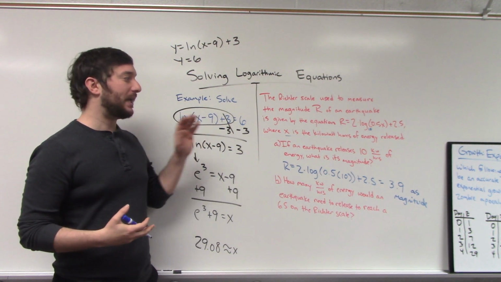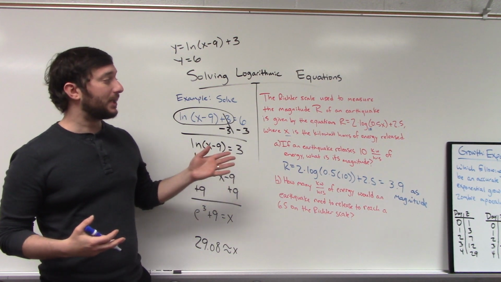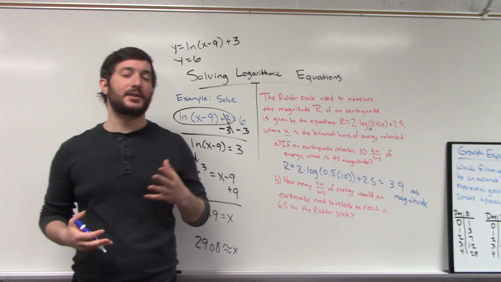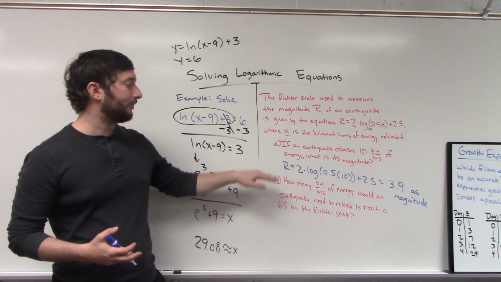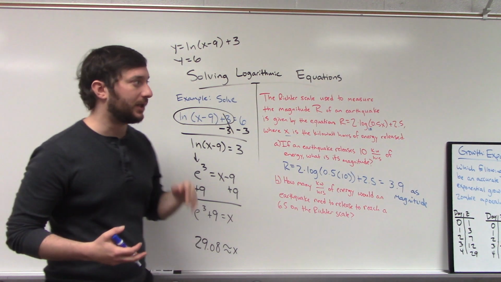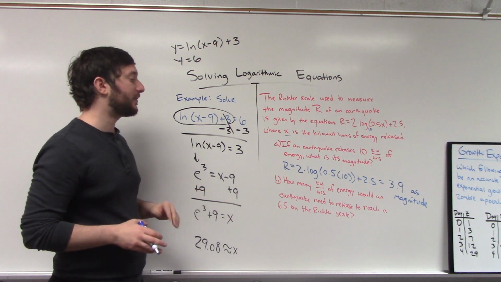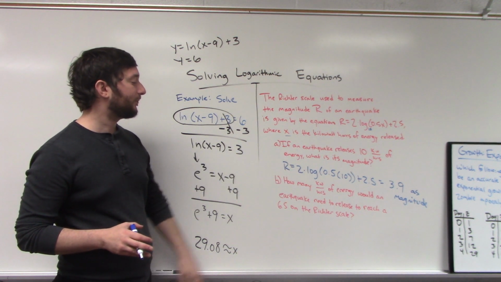In this problem, we don't have to change anything. That logarithm is already set to the default that our calculator works with in the first place. So we can actually calculate this immediately. As you saw me type it in, I didn't need to use the change of base formula. Neither do you. Test that on your own in Desmos. You should get the same answer there for the magnitude of the earthquake.